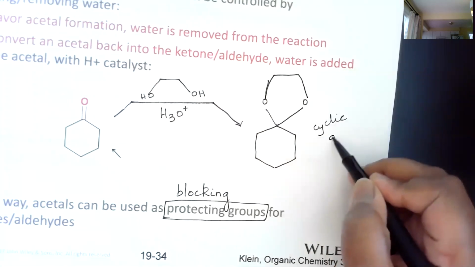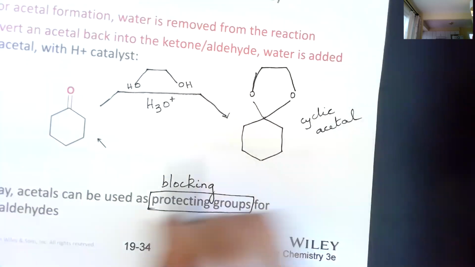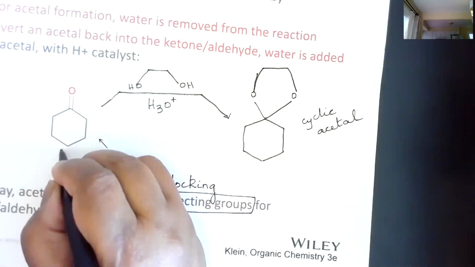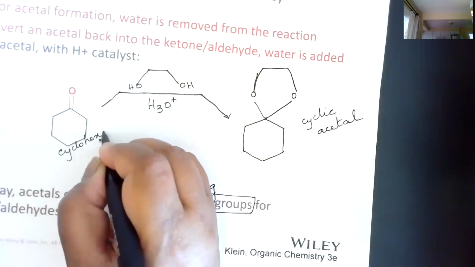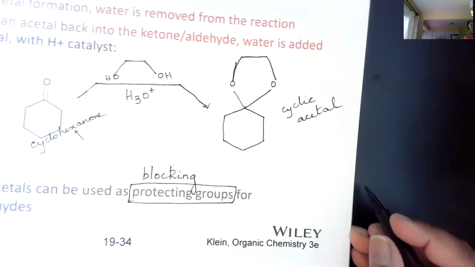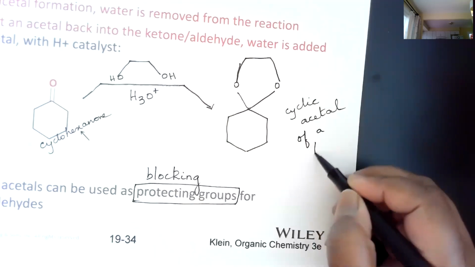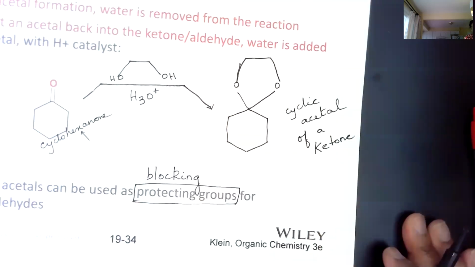Cyclic acetyl of, what's the name of this compound? Okay. Cyclic acetyl of, you can just simply say a ketone. Okay.